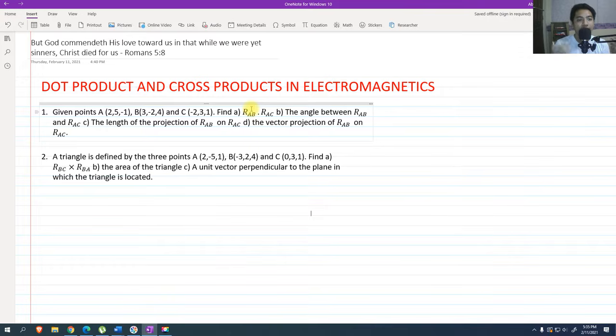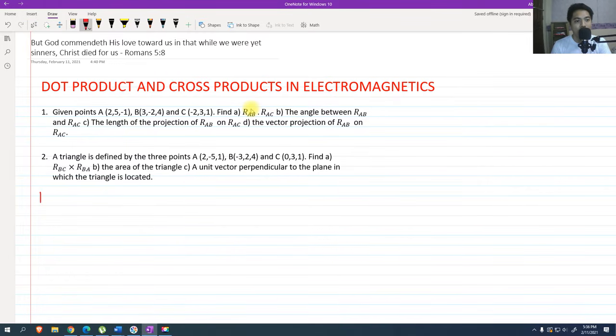Again, if we are getting the dot product of two vectors, that results in a scalar quantity. But for a cross product, it results in a vector.